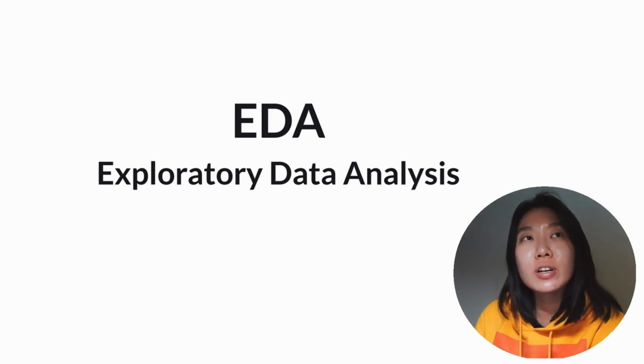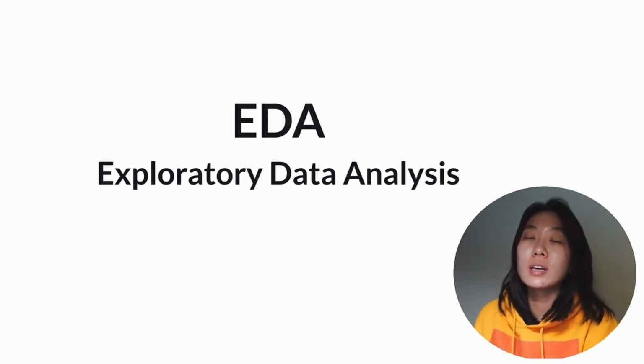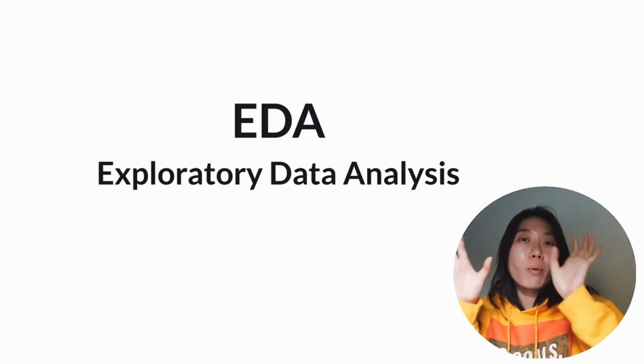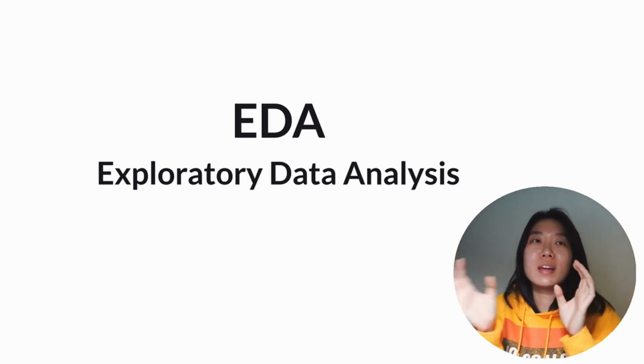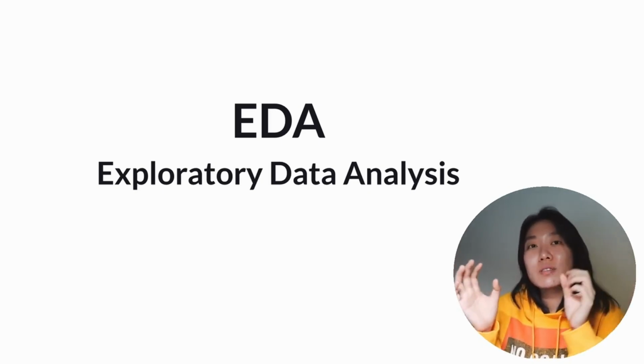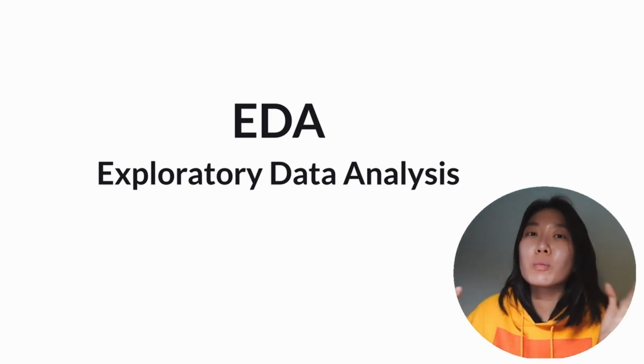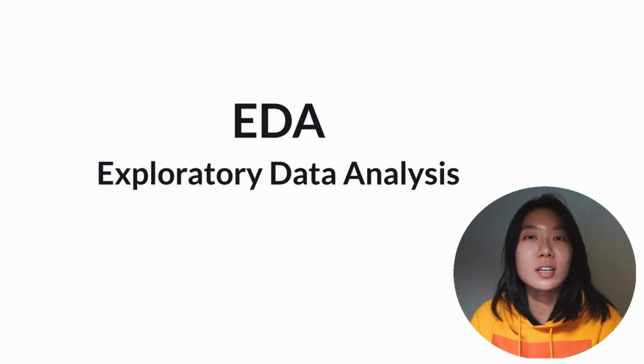Feature engineering is about extracting the information for your model training. Those two are important, but they are not the same, and both matter in the whole machine learning and data analysis process.